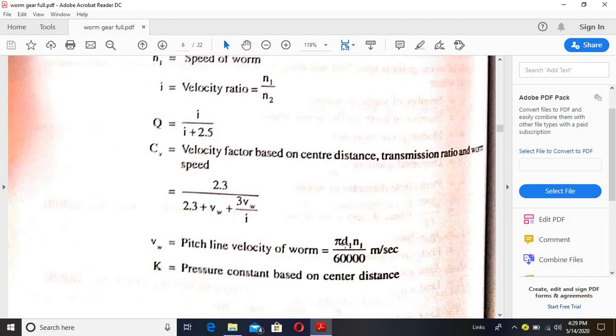K is equal to the pressure constant based on the center distance.